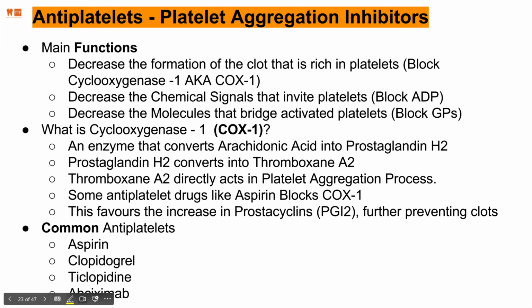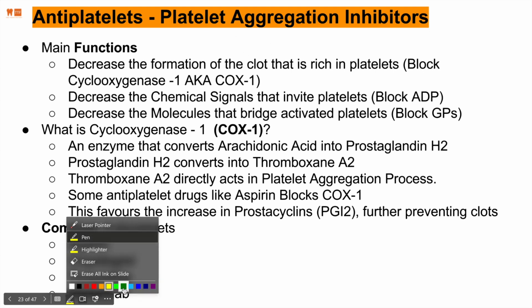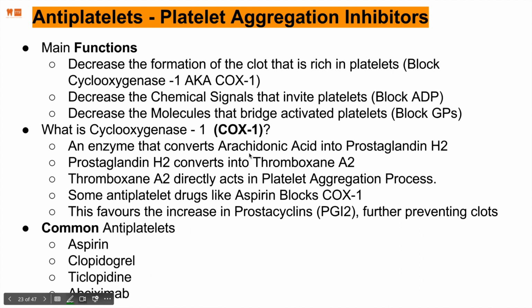Okay, antiplatelets and platelet aggregation inhibitors. We spent some time learning about platelet aggregation. But what about antiplatelets? Well, the main function is to decrease the formation of the clot that is rich in platelets only. So it blocks what is known as cyclooxygenase 1, also known as COX-1. So now we introduce COX-1.